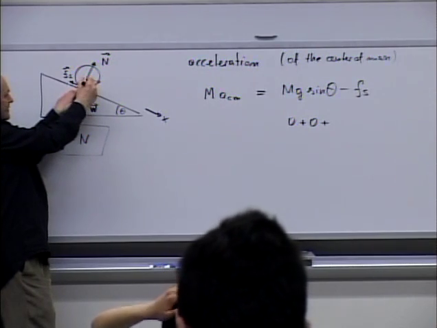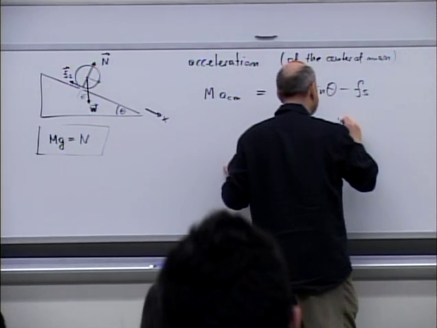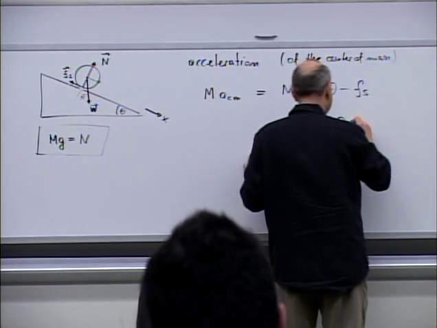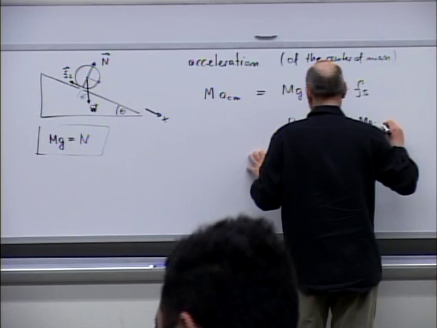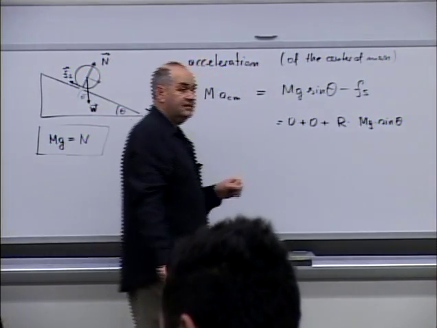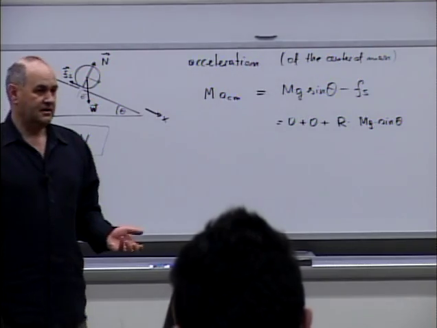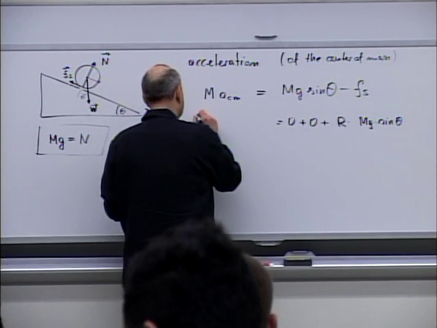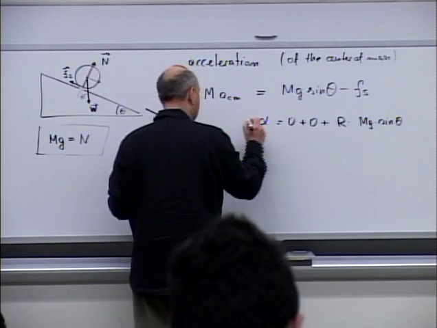So the torque will be the radius of that wheel multiplied by weight times sine of angle theta. This is the torque, and it is supposed to be proportional to angular acceleration, right? So I can write that this is moment of inertia times angular acceleration.